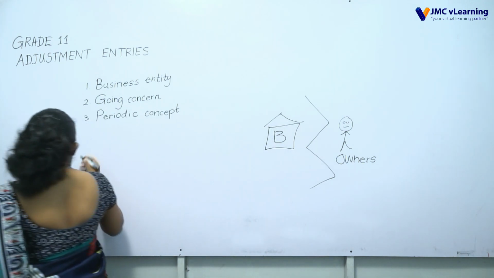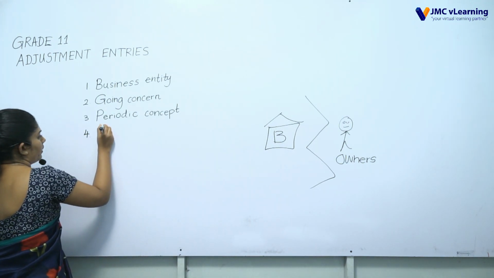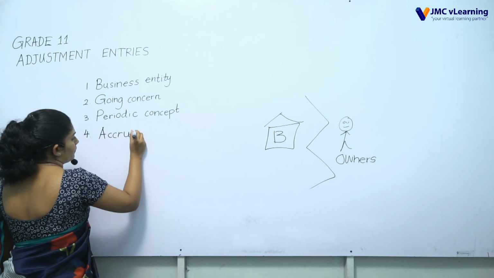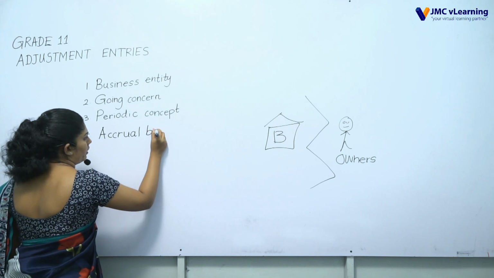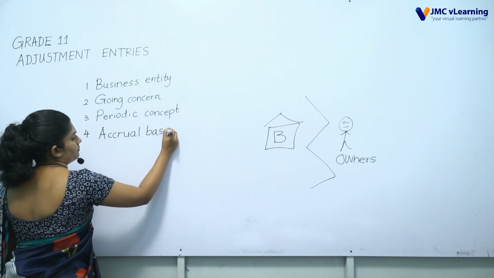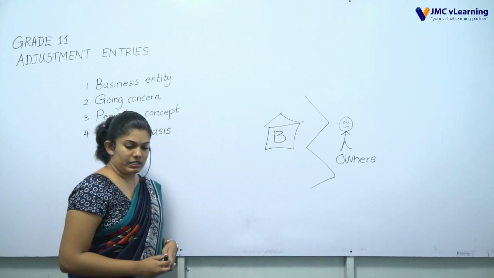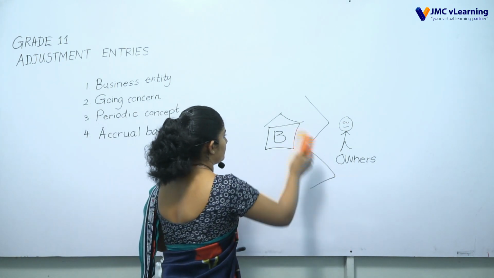The fourth concept is the most relevant concept for the lesson, adjustment entries. The fourth concept is accrual basis, or you can call it accrued concept. What is this accrual basis?